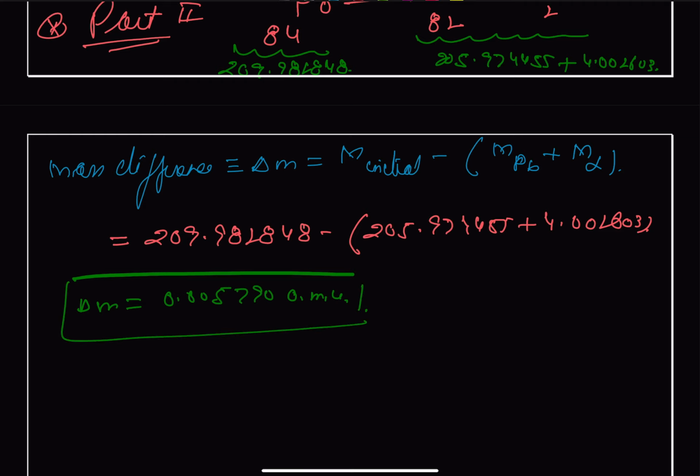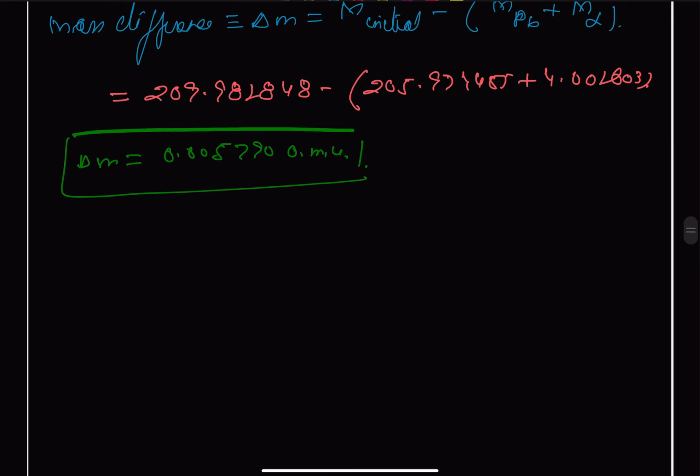From here we can just convert this mass defect into energy. So we can say our energy Q will be equal to 0.005790 multiplied by 931.5 mega electron volt.